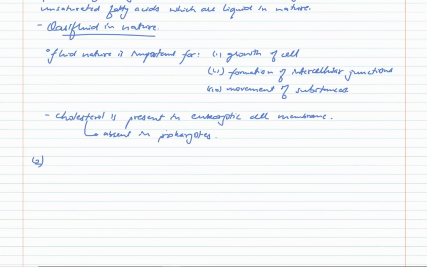The cell membrane contains proteins. These proteins are of two types. Firstly, one type of proteins are known as integral or intrinsic proteins.